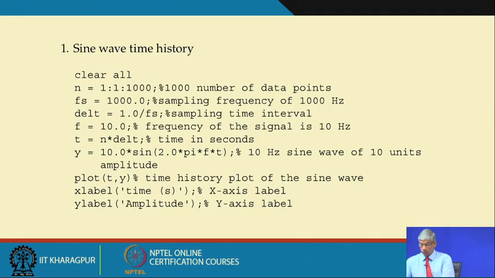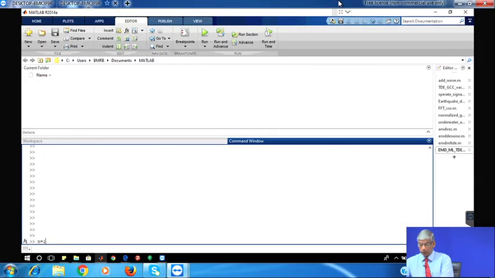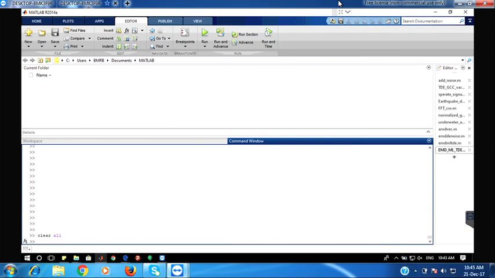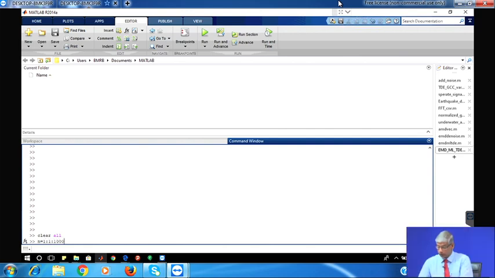So, n is equal to 1 to 1000. As I was telling you, a very good idea is to always clear everything before you do MATLAB. My sampling frequency f s is 1000.